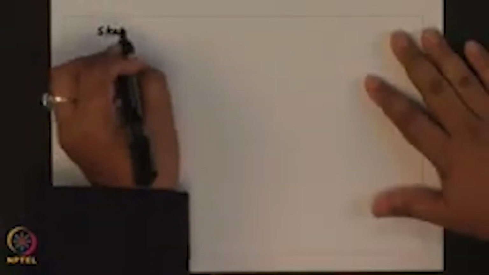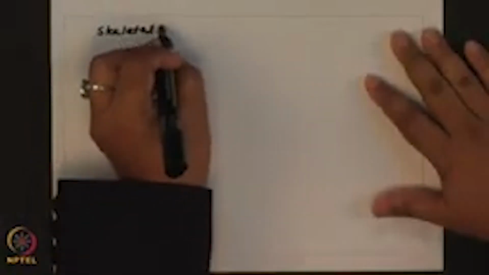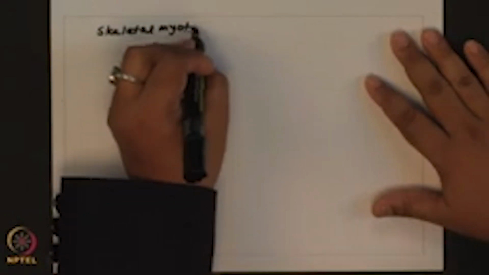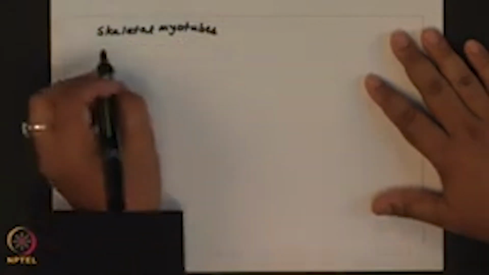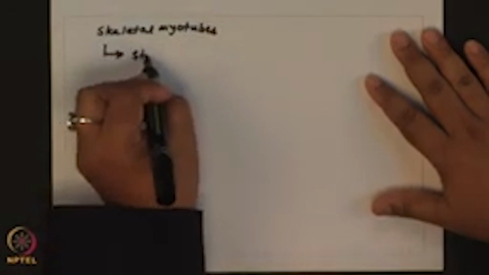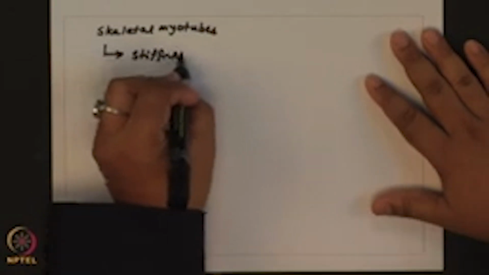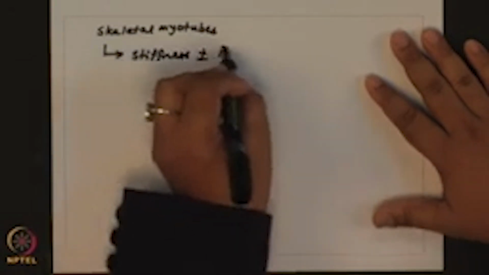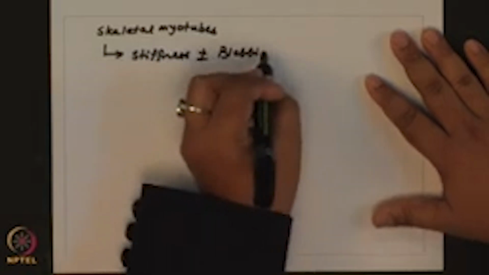Now, one thing about measuring stiffness: let us say you take skeletal muscle tubes, skeletal myotubes, and you measure their stiffness plus or minus blebistatin.